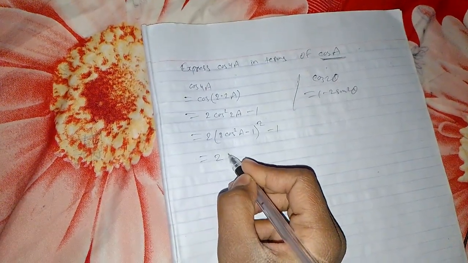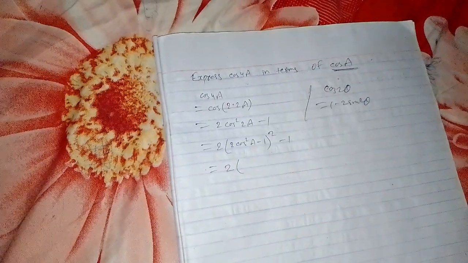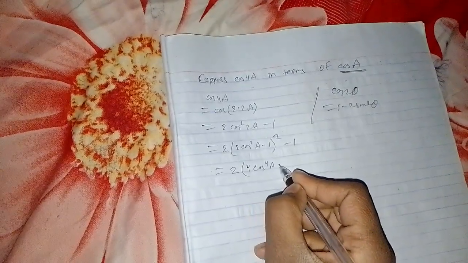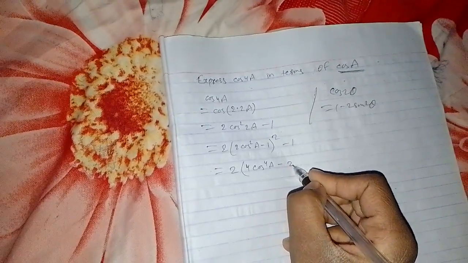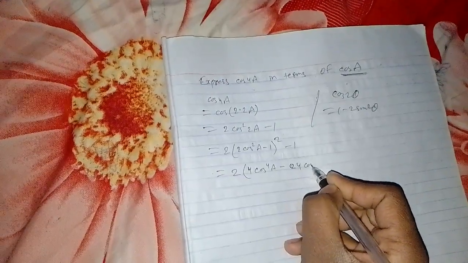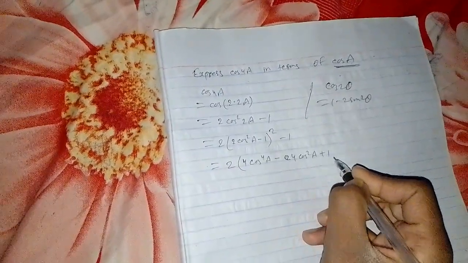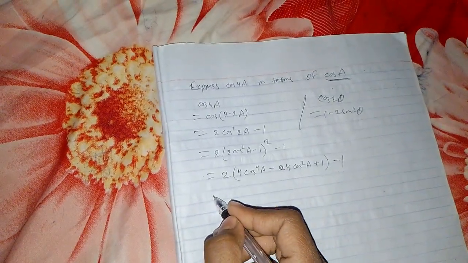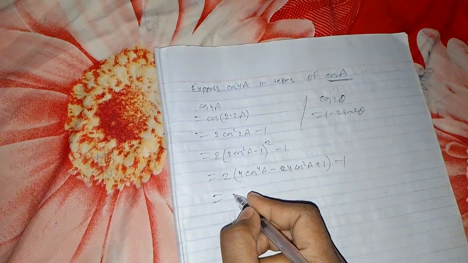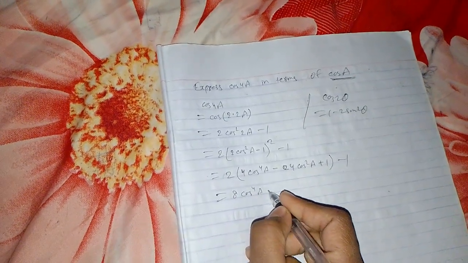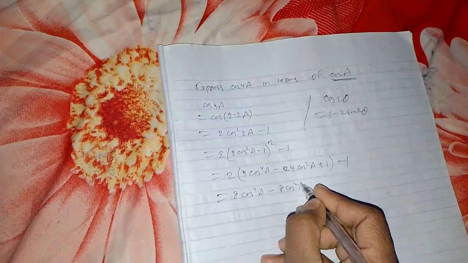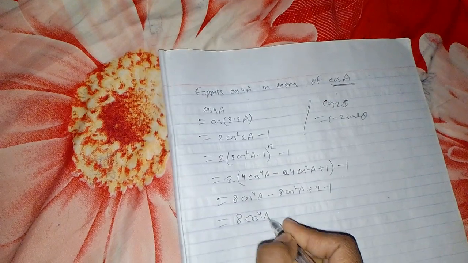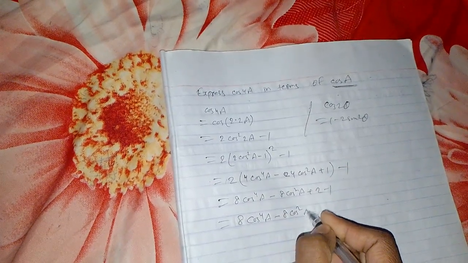So 2 times, now what does it become next? 4 cosine to the power 4 a minus 4 cosine squared a plus 1, minus 1. Now the next thing, let's distribute 2 into this. So this will be 8 cosine to the power 4 a minus 8 cosine squared a plus 2 minus 1. This will change into 8 cosine to the power 4 a minus 8 cosine squared a plus 1.